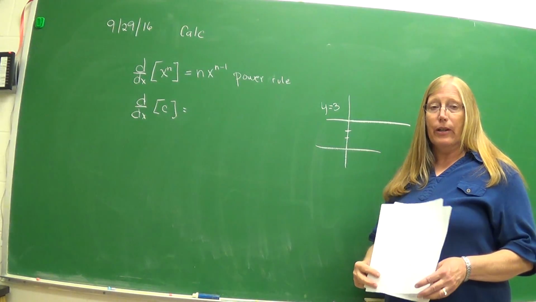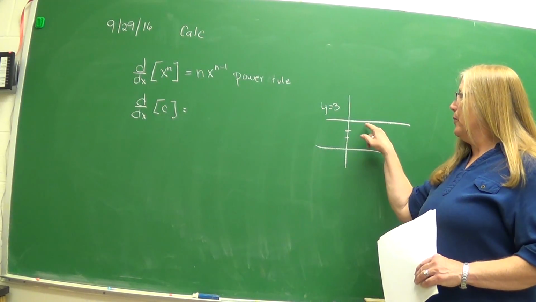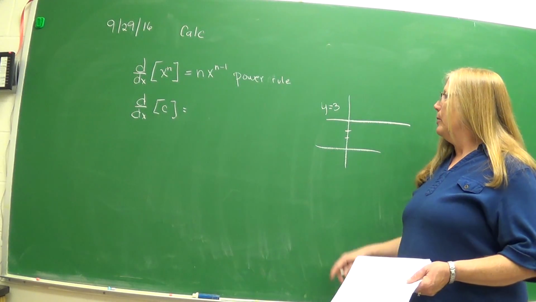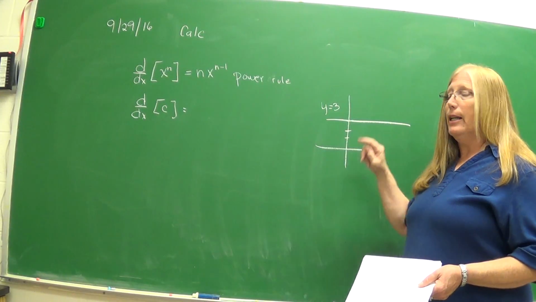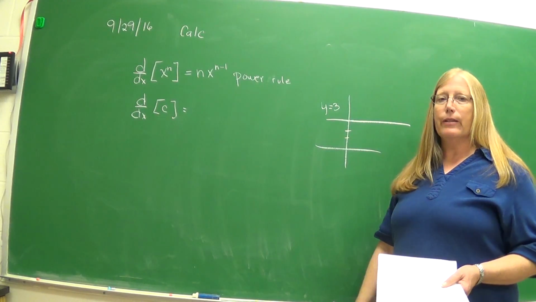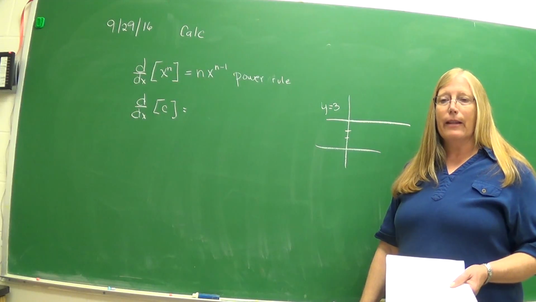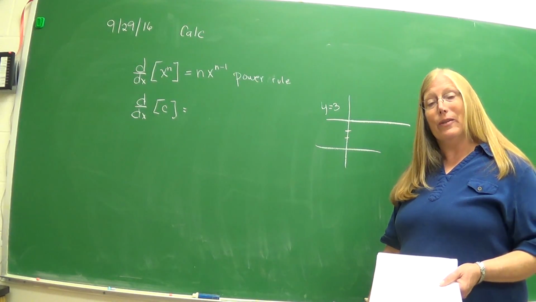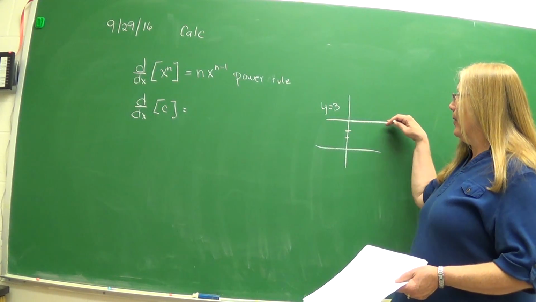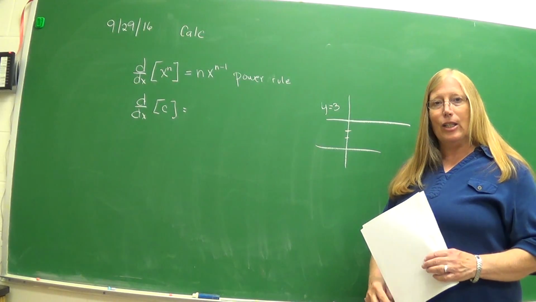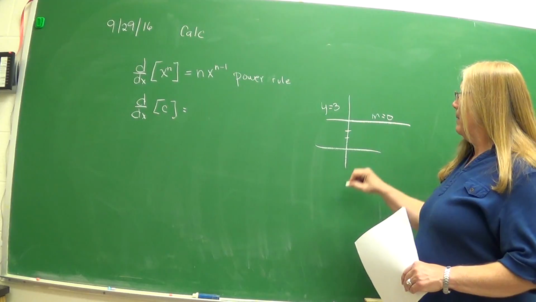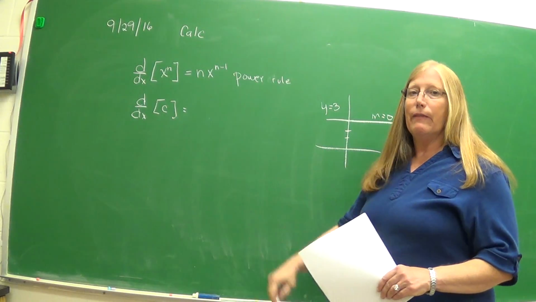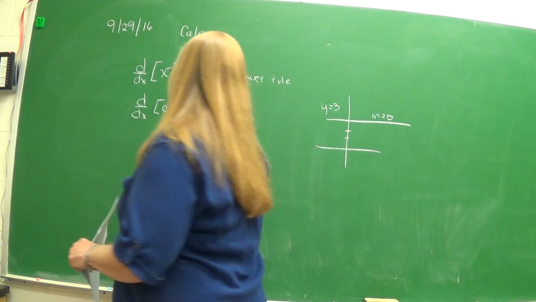Y equals 3 is a horizontal line at 3. So we're expecting a derivative, which is the slope at a given point. At every point there, the slope is the same. There is no slope, so it's 0. If you're trying to ski on that, you'd have some issues. So we're expecting the derivative of a constant function to be 0.